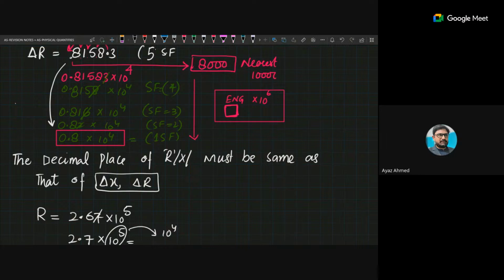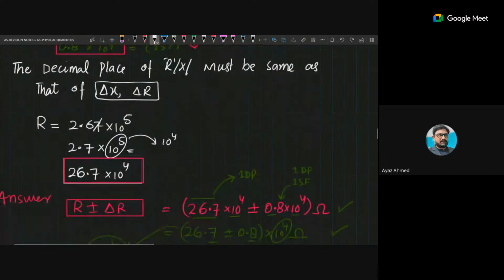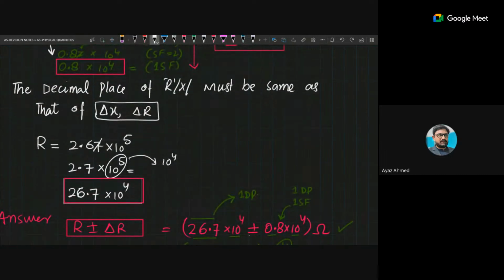You will represent that in the final answer. I have shown that in your calculator you have an ENG tab. So use that tab to get power of 10 in an easy and convenient way. Then the second rule: the decimal place of R or any physical quantity must be the same as that of your delta x and delta r.